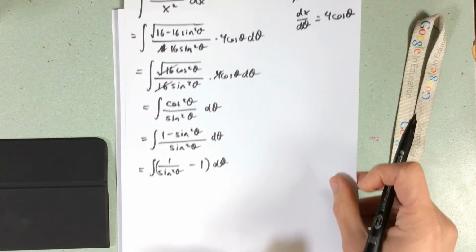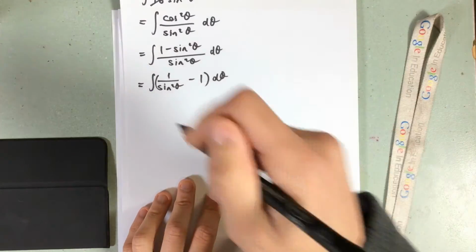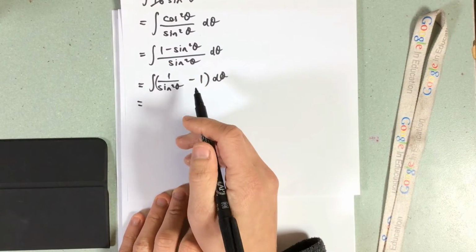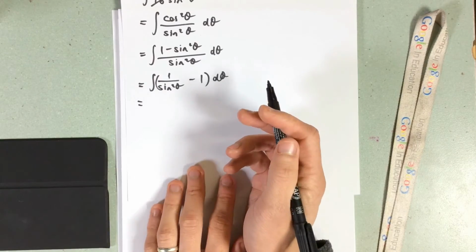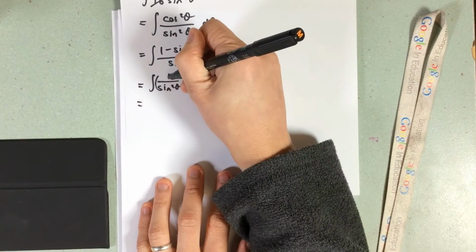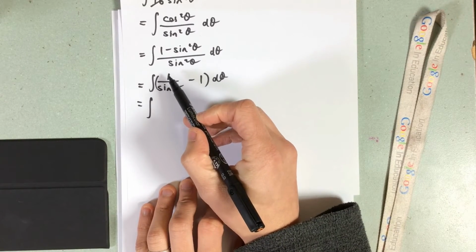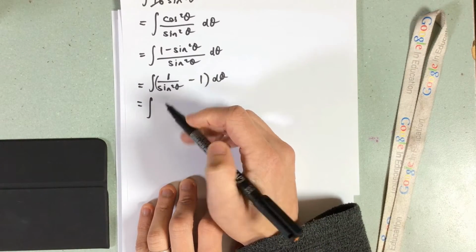So how do I deal with it? Well, if you can't see the result straight away, you can do this by integration by parts. We've learned how to do integration by parts, but it's not complicated enough to really warrant that. What I can do here is divide the numerator and the denominator by cos squared.